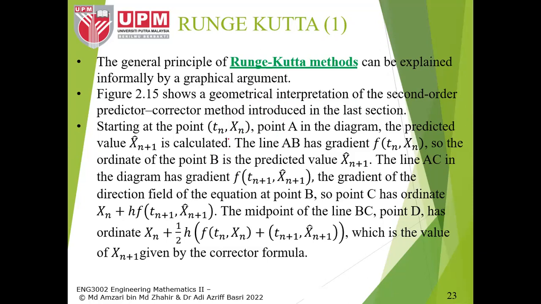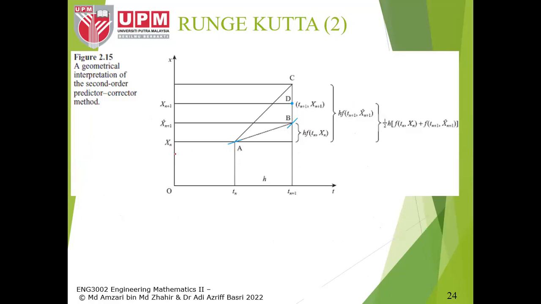the last session. So the starting point is Tn, xn, point A in the diagram, and the predictor of xn plus 1 is calculated. If you can see here, you have an xn here. So your A is xn, Tn. Then B will be something around here.